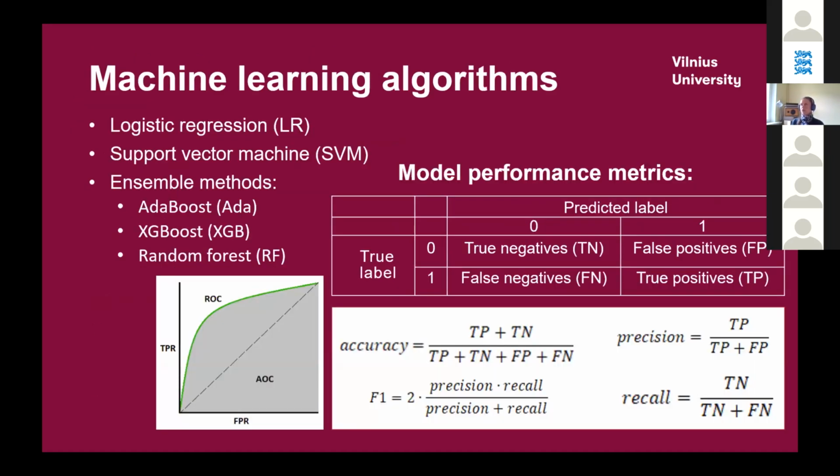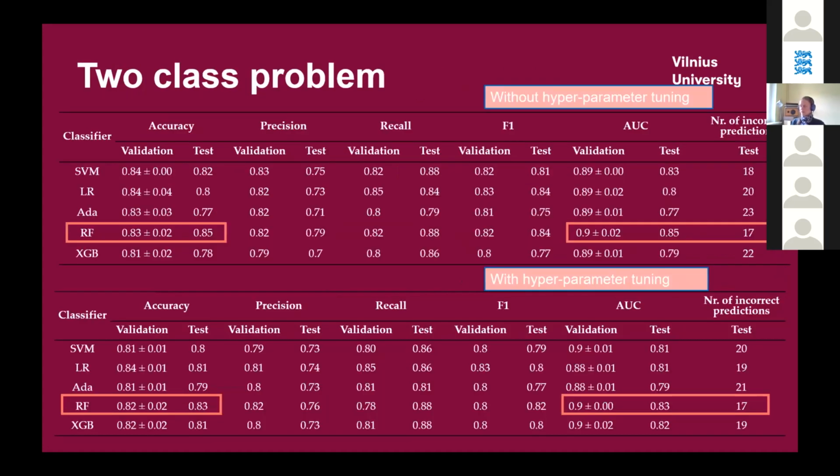So we used several machine learning algorithms, such as logistic regression, support vector machine, and several ensemble methods, for example random forest. And here you can also see the model performance metrics, which are commonly used to evaluate the models. After testing these 5 machine learning algorithms on this data, we saw that the models provide quite similar results.